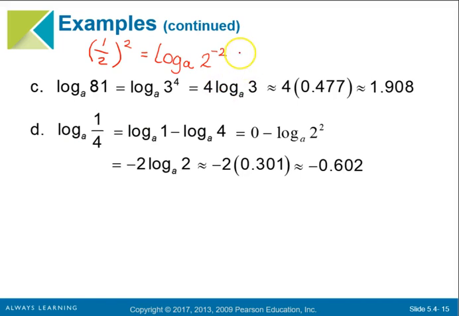And then here, I'm going to take this negative 2 log base a of 2. And if you take a look, this is exactly the same solution as we have here.